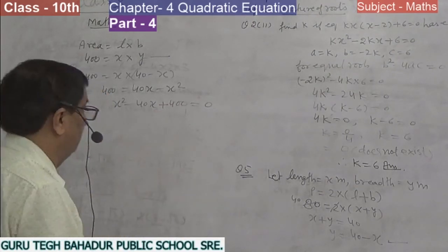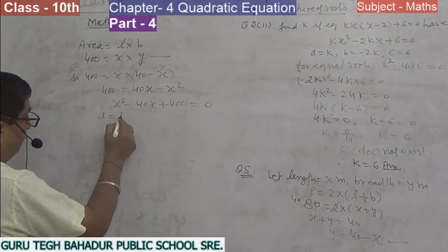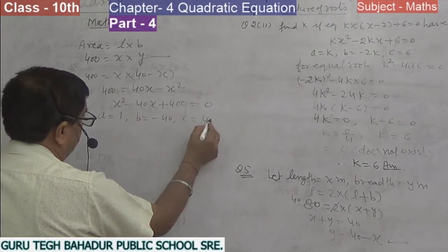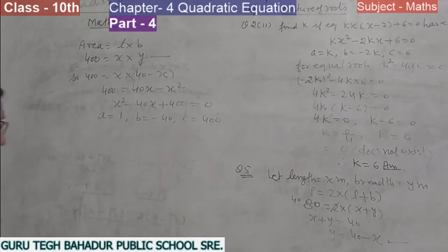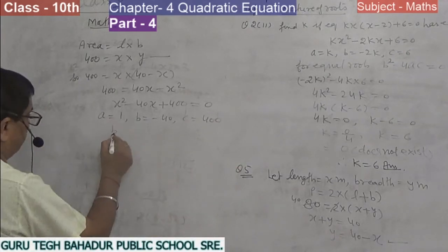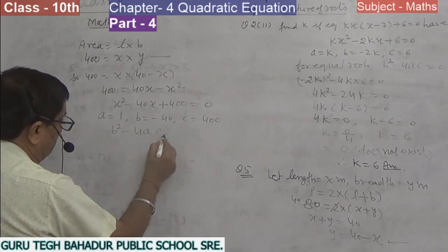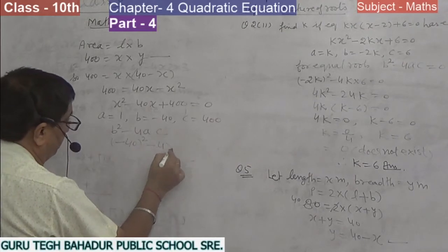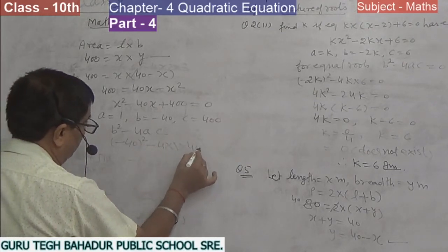So see, a is 1, b is minus 40, c is 400. b square minus 4ac. So minus 40 square minus 4 into 1 into 400.